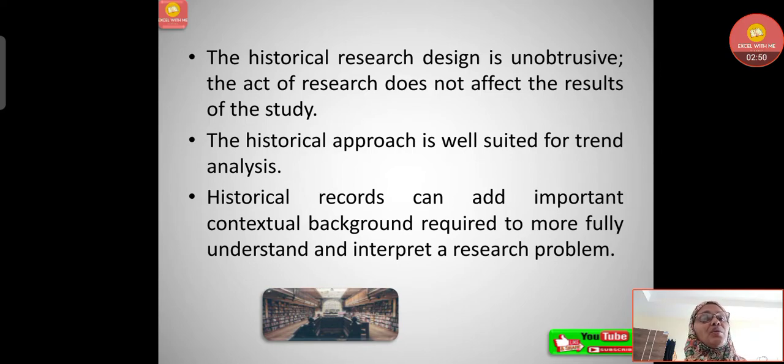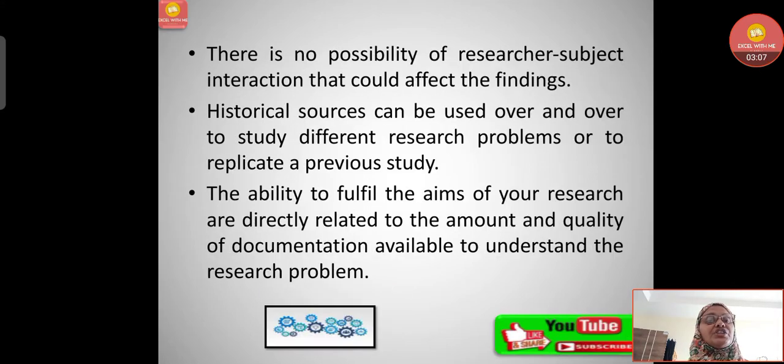So the historical approach is well suited for trend analysis. What was the trend in the past and in the present? Historical records can add important contextual background required to more fully understand and interpret a research problem. Now there is no possibility of researcher-subject interaction that could affect the findings.